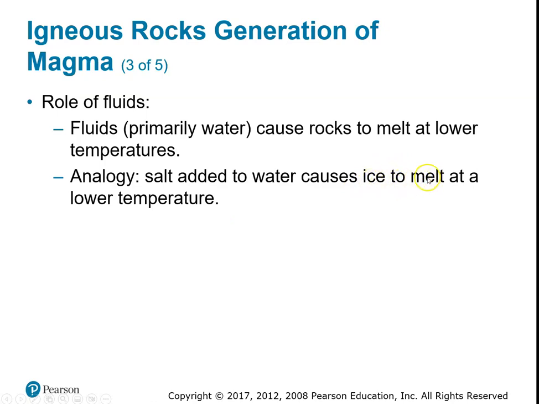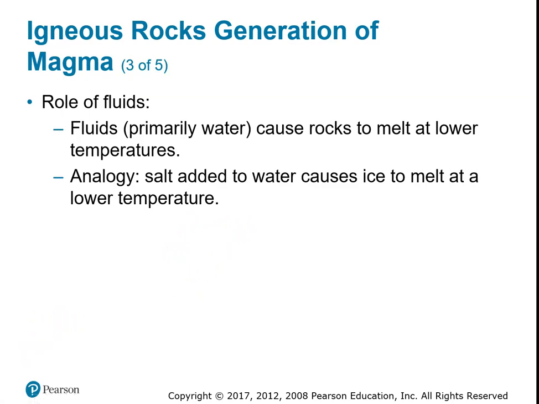So the ice will begin to melt, though you didn't heat it up or anything. You just added salt, and the salt has lowered the temperature at which ice is going to form. Ice will still form if you get down to low enough temperatures, but it drops pretty substantially.